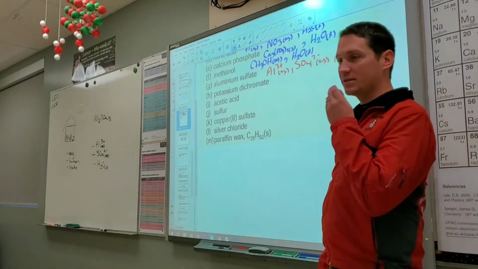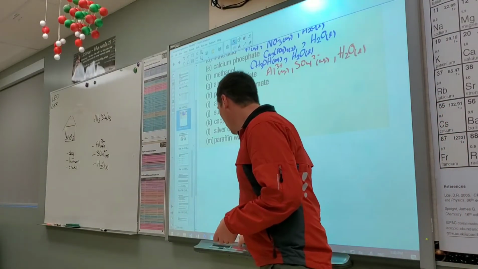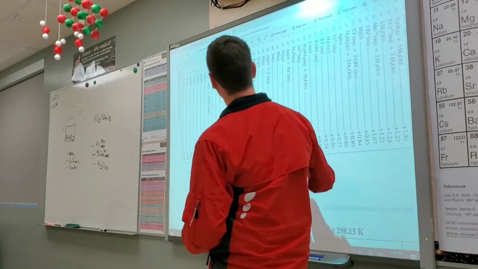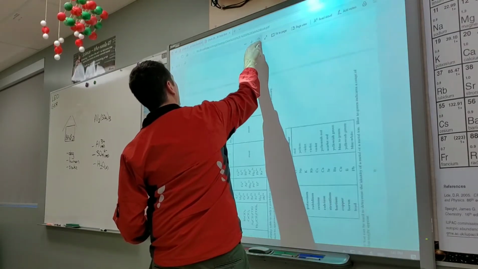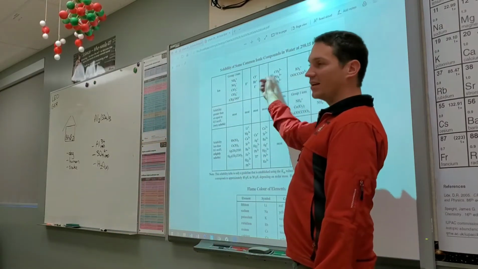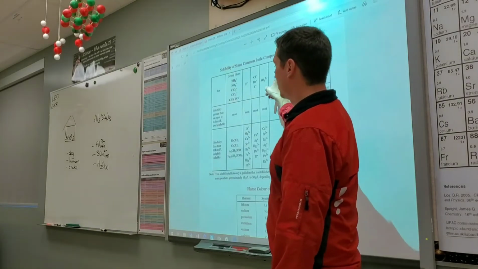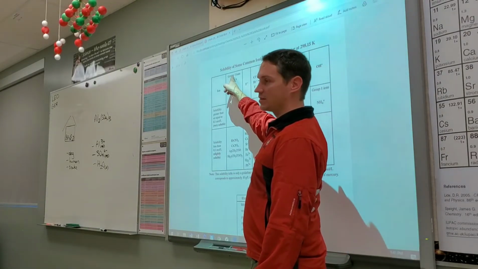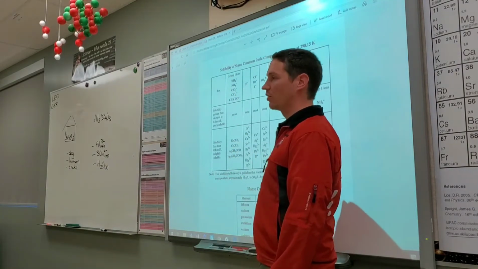Potassium dichromate. When you look at your data booklet, dichromate's not in here, is it? Cr2O7. But what is in here? Group 1 ions. All group 1 ions are soluble except for cesium perchlorate.